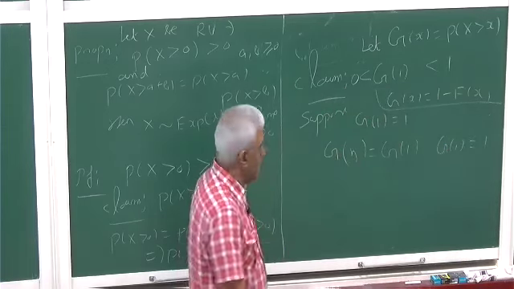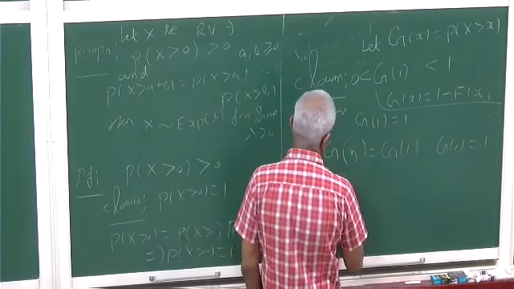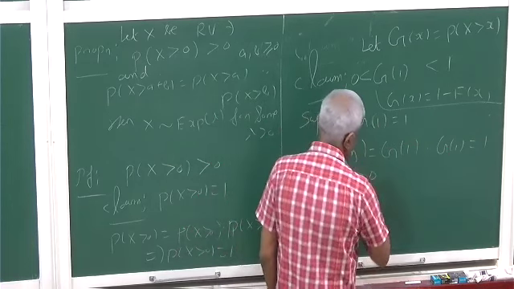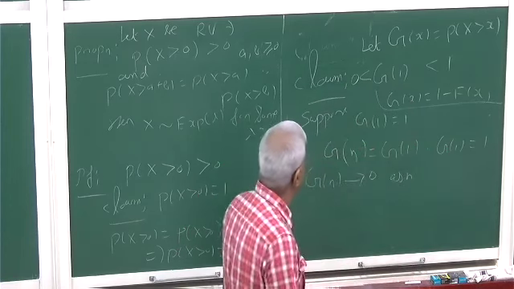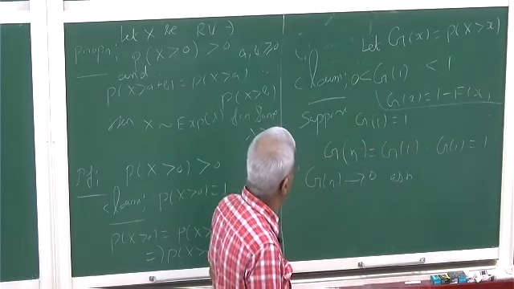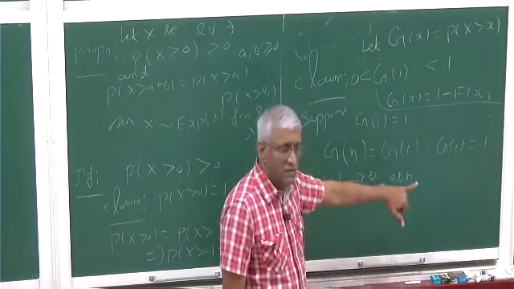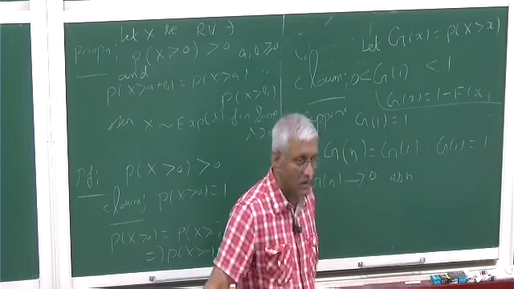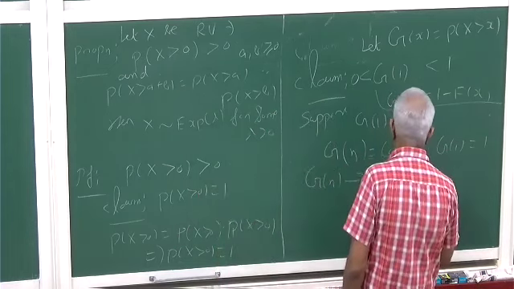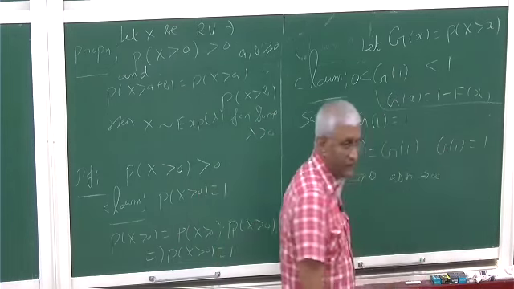Now g of n should go to 0 as n goes to infinity.